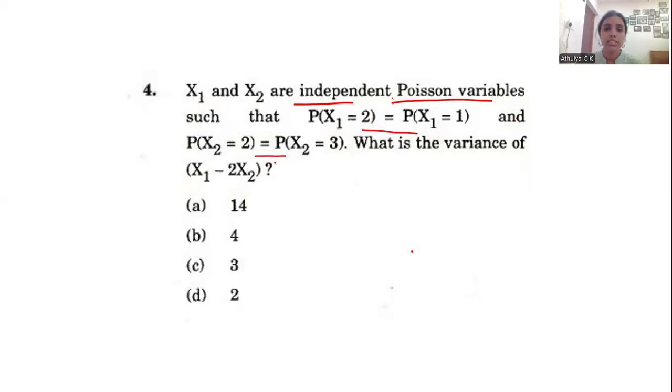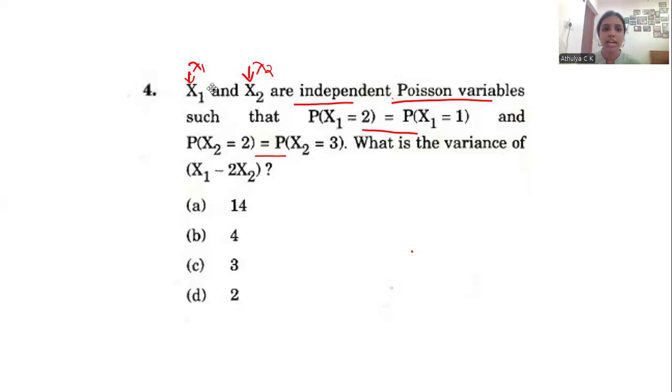Using these conditions, we need to find the values of the parameters lambda 1 and lambda 2, where lambda 1 corresponds to the first variate X1 and lambda 2 corresponds to the second variate X2, right? Then we need to find the variance of the combined variate X1 minus 2X2.